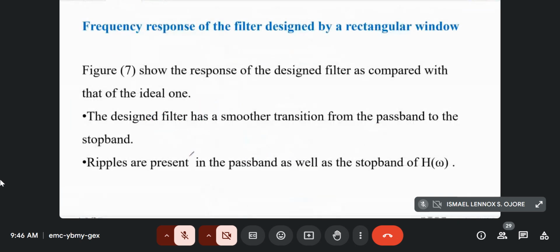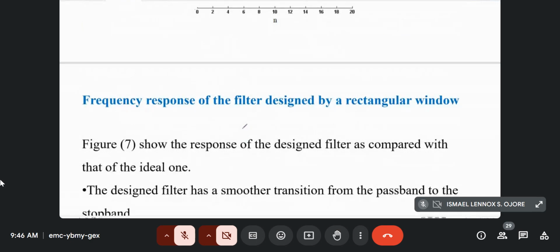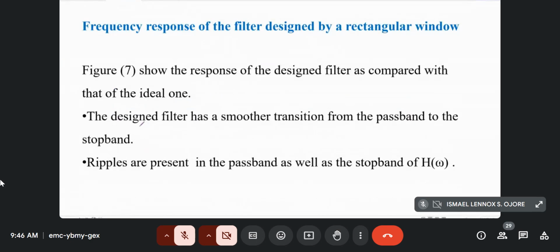We are going to say that. And actually the explanation is here. The designed filter has a smoother transition from the pass band to the stop band. Ripples are present in the passband as well as the stopband.